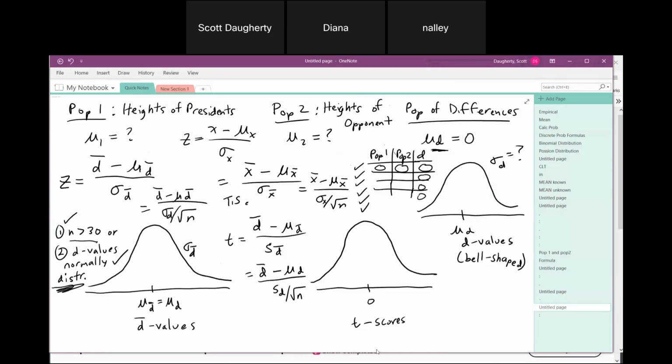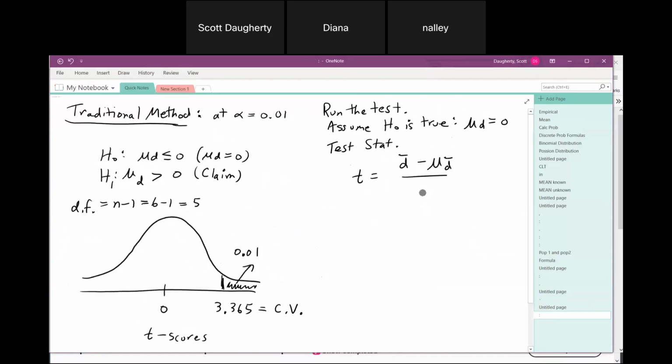Okay, so let's go ahead and find this. That's our test statistic. Okay, so we need the D bar value.